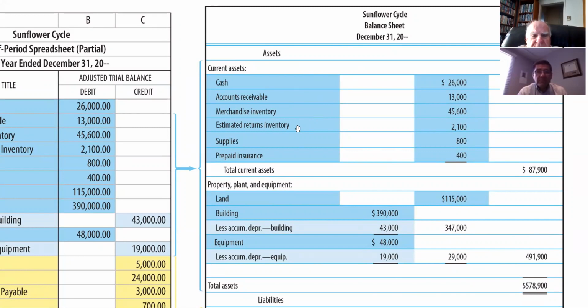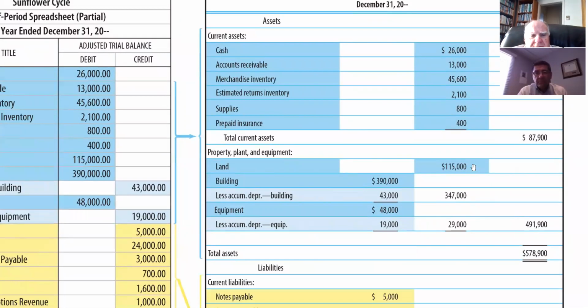Inventory, estimated returns, prepaid supplies, prepaid insurance are current assets. The reason companies break out the current assets from the non-current is that it allows them to do some analysis in terms of cash flow, how they're turning over their receivables, which we'll get to shortly. So we got the current assets, then we got the long-term stuff.